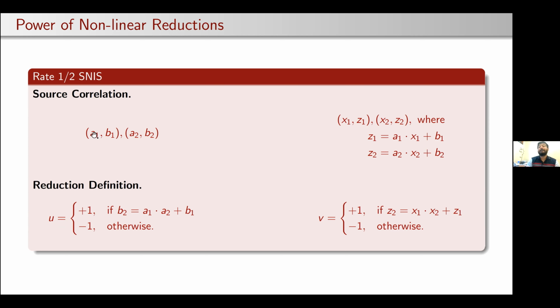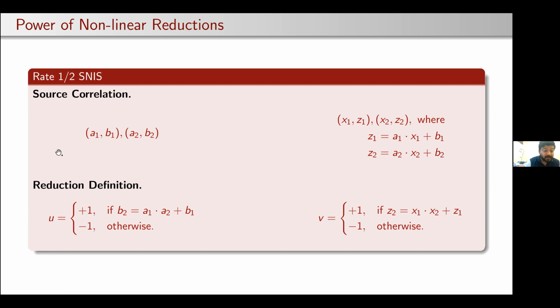So to begin, Alice and Bob have 2 independent samples from the RLFE source. Alice gets A1, B1, A2, B2. Bob gets X1, Z1, where Z1 is A1 X1 plus B1, and Bob gets X2, Z2, where Z2 is A2 X2 plus B2.